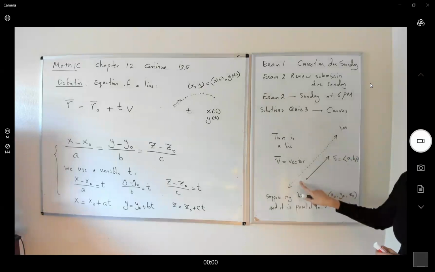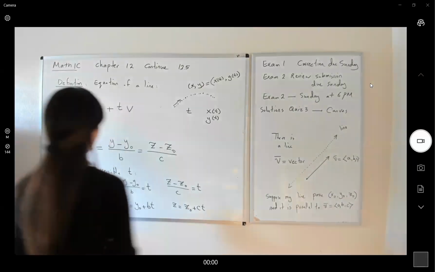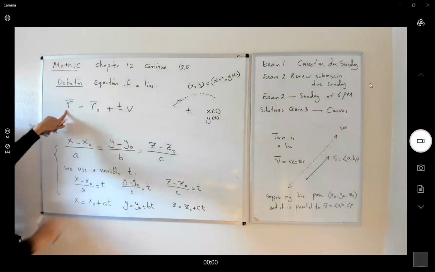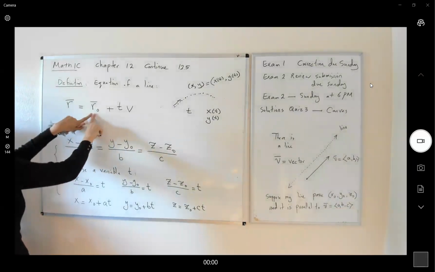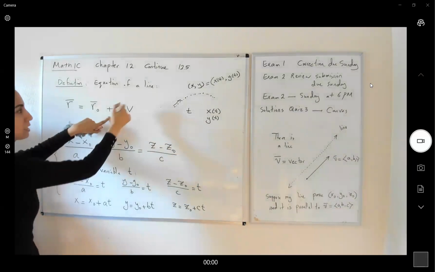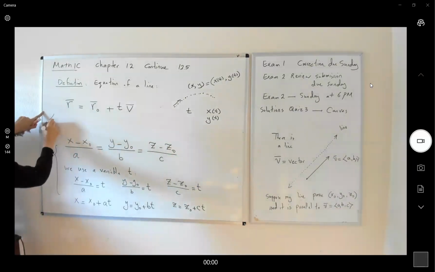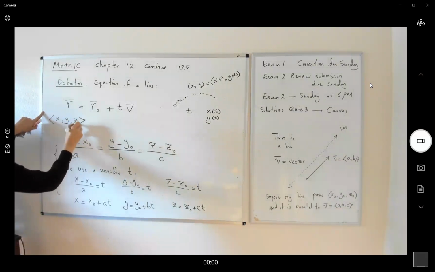This line can be written as R equals R sub 0 plus T times a vector V. This R is (X, Y, Z).